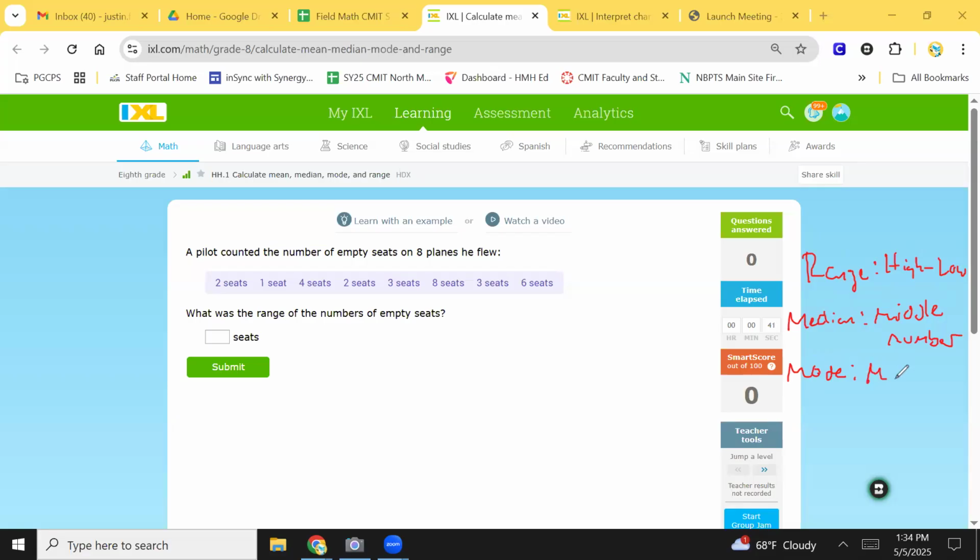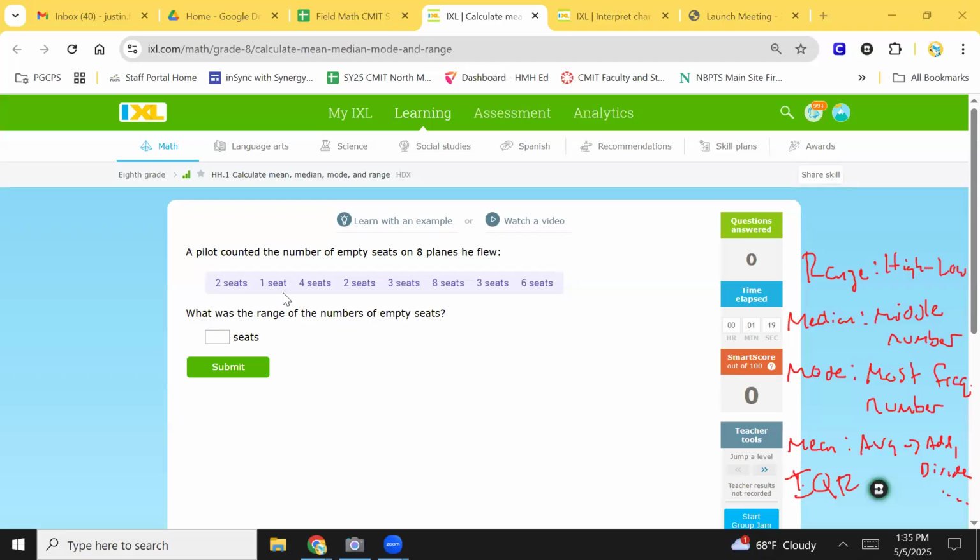The mode, most frequent number, and the mean is the average. That's the one where you add and divide. You remember that one? I'm sure we'll have to do a range here. And then we have some other new ones we might see. We might see the IQR. We might see shapes. Okay, but this is just mean, median, mode, and range, so not too bad here.